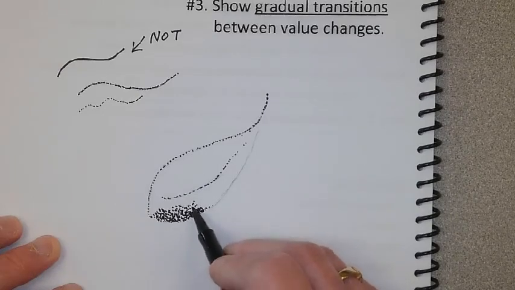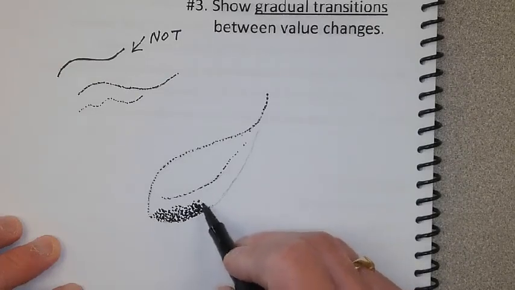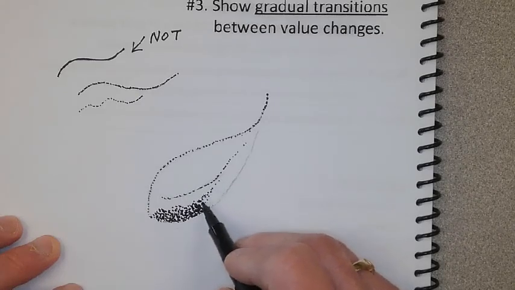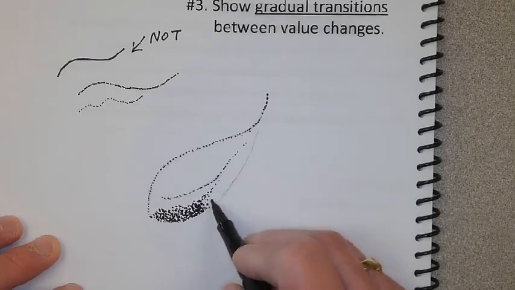Now notice I like to just simply say, once you have dark areas, gradual transitions would be to let some of those dots crawl out and space out.